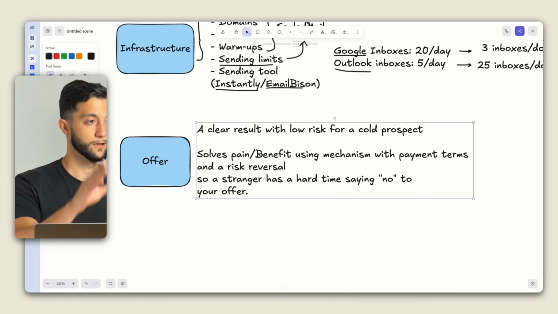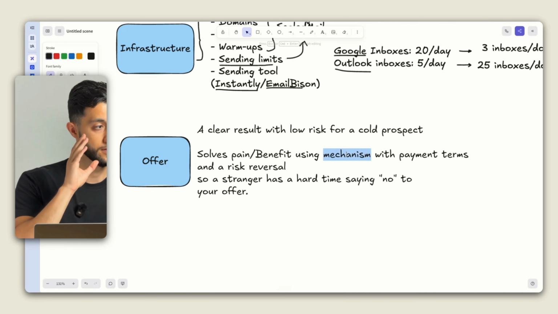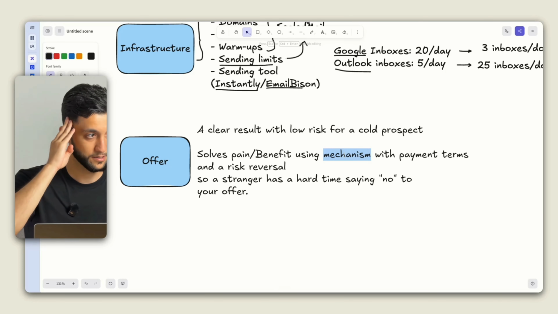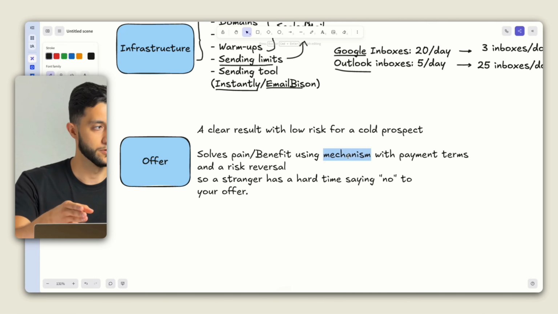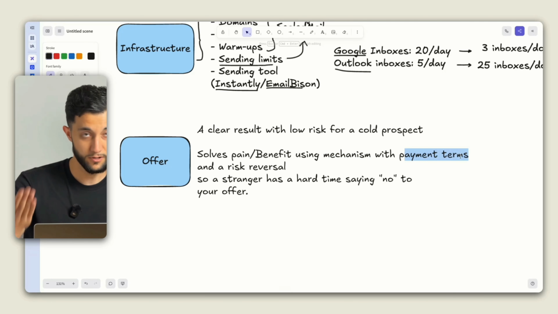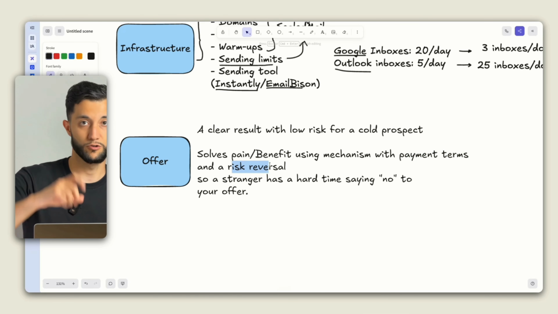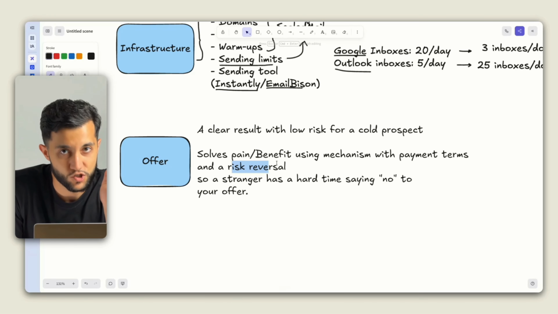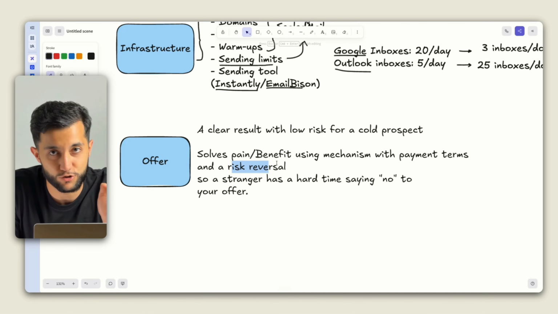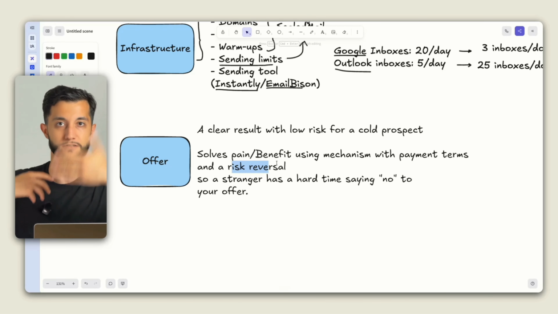You need to solve a very specific pain using a very believable mechanism that makes you solving that pain believable, with payment terms that are reasonable and a risk reversal that's going to reverse the perceived risk of that person. And by the way, sometimes perceived risks are not actual risks in the real world. People walk through life with filters, right?